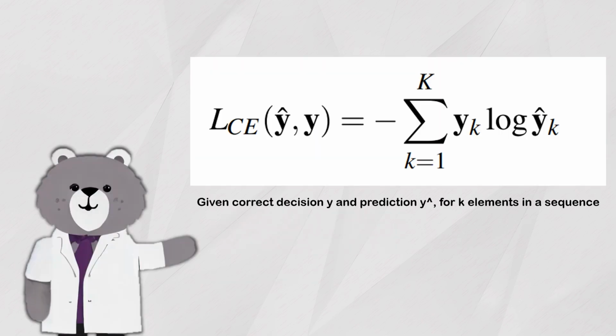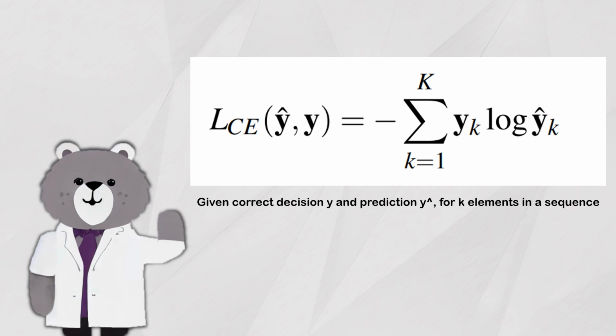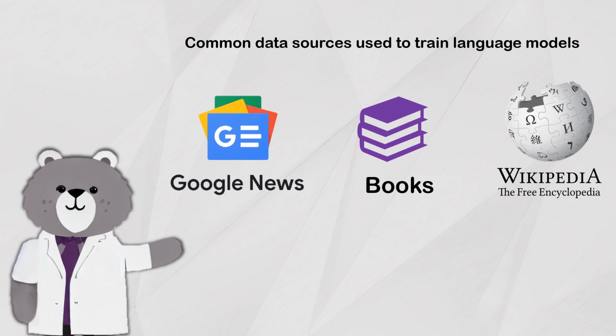Typically, for a language model, the loss function we use is cross-entropy loss. By minimizing this function, we are maximizing the probability that our language model makes the right decision. To train our language model, we require large amounts of data. The more data we have, the better our neural network will perform.